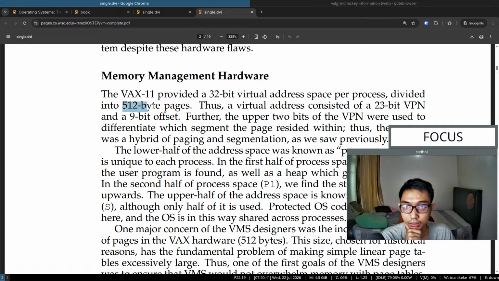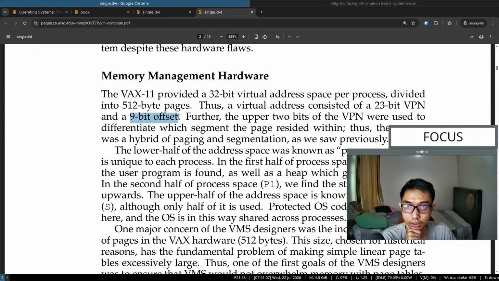From this, the offset is, so we divide this 32-bit virtual address into a few pages, and one page has the size of 512 bytes.